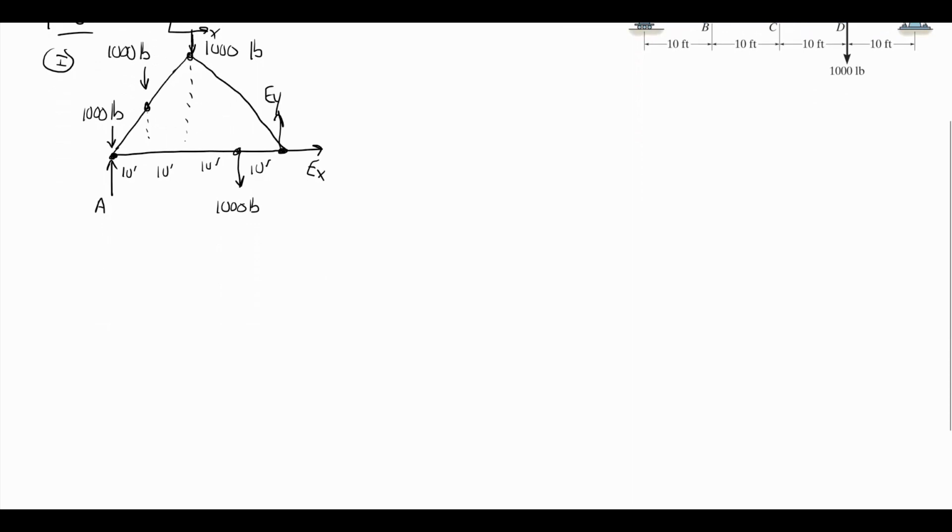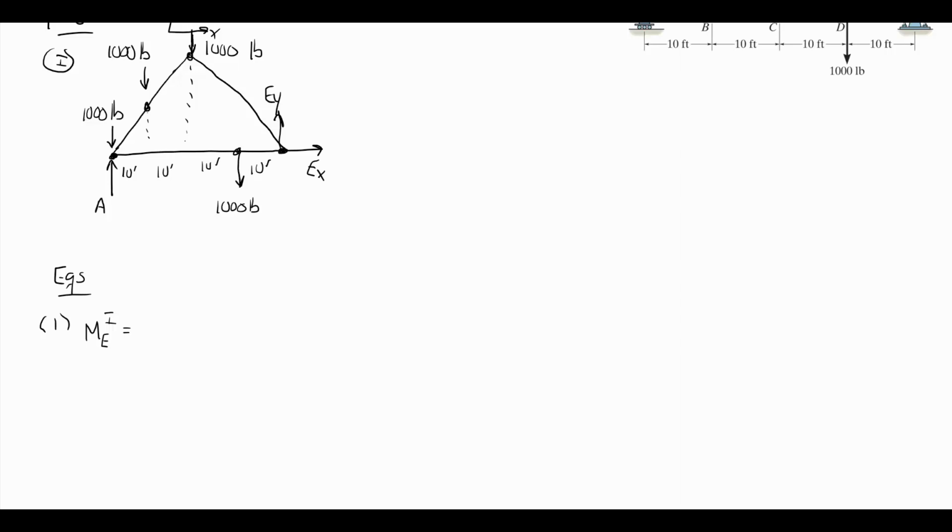So I'll move on and write some equations now, and then I will come back and draw some more free body diagrams. So in picture one, I'll start with the moment around E, so I can get one of my unknowns right away.